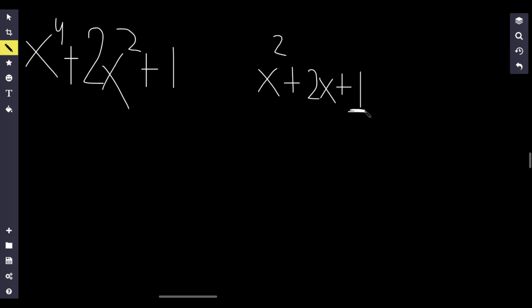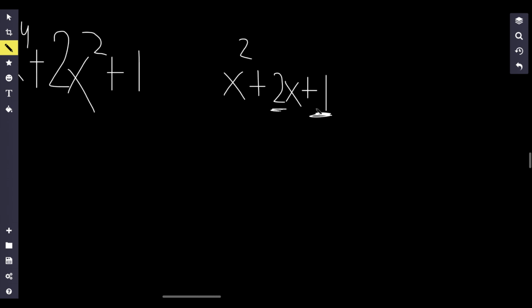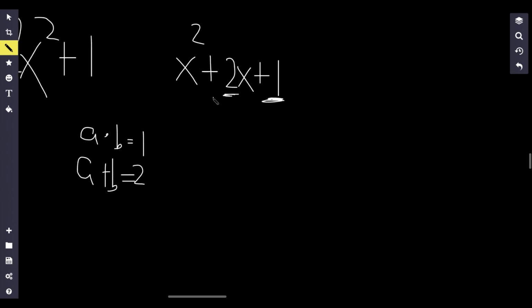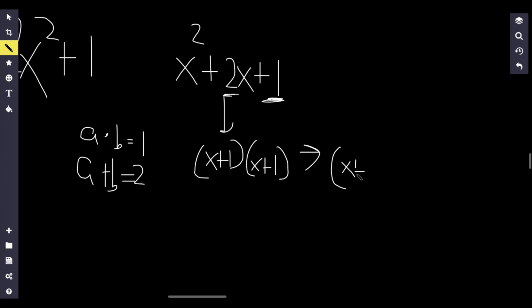You would look for two numbers multiplying out to be the last term, adding up to be the middle term. So what two numbers multiply out to be 1 and add up to be 2? Well, the correct combination is just 1 and 1, right? Because 1 times 1 gives me 1, and 1 plus 1 gives me 2. So I can rewrite this as x plus 1 times x plus 1. Or I can write this as x plus 1 squared, okay?